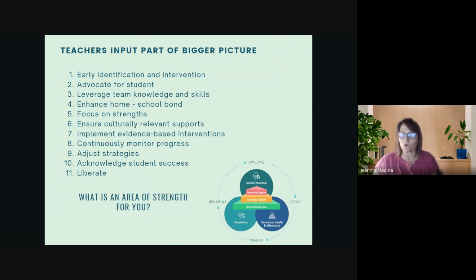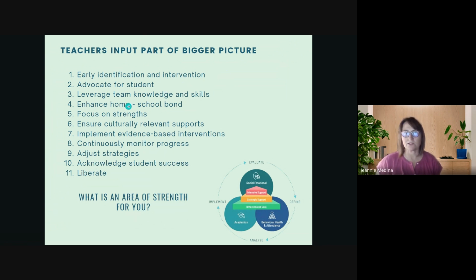In this role, it is our true duty to advocate for our students from start to finish. We are also charged with leveraging team knowledge and skills. So if I find as a referring teacher that somebody on my team has the knowledge or skills to support this student, I am working to leverage that for them.